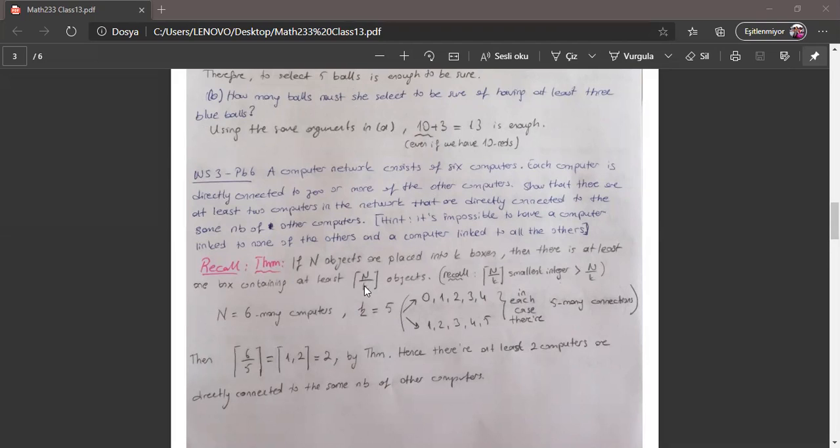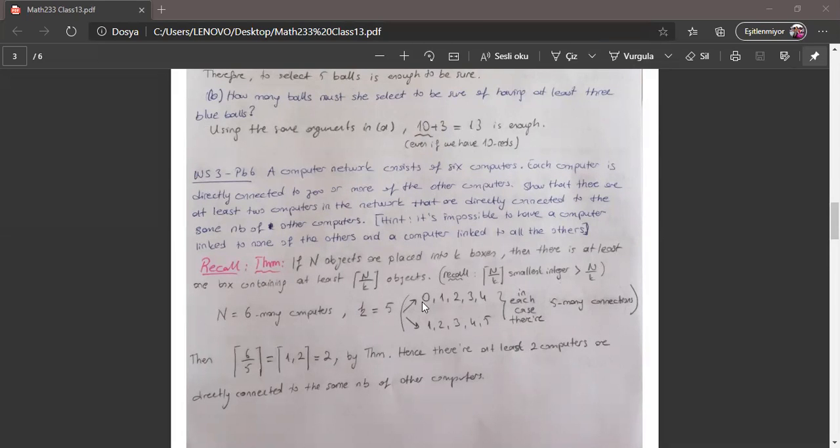Now, what do we do? It's clear that n equals 6 here, because we have 6 computers. What about k? Let's consider the cases. If, for example, there's a computer which is not connected with any of the other computers, then this is the case, because we know the connection number is either 0 or more.